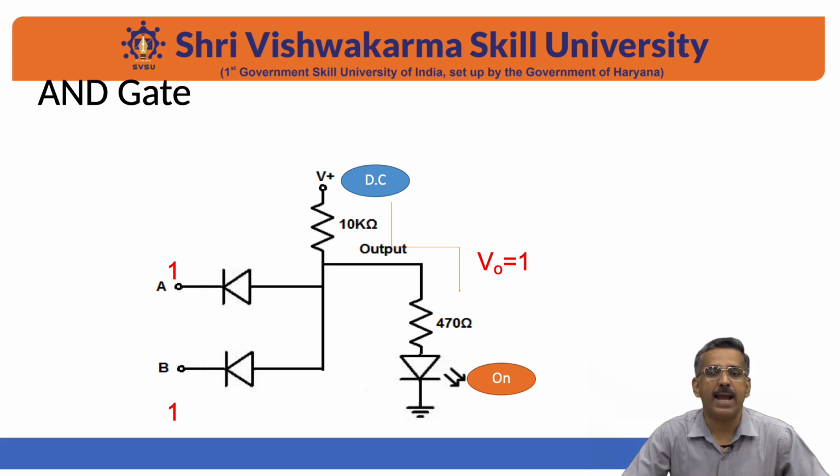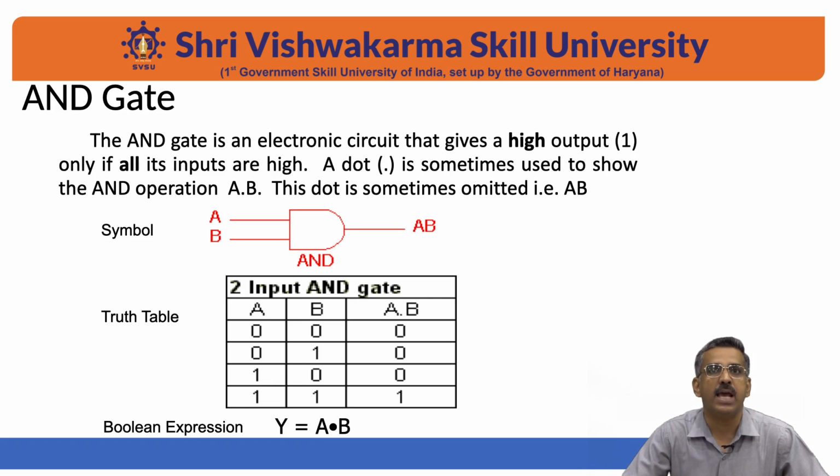The AND gate is nothing but an electronic circuit that gives the higher voltage at the time when all the inputs are higher at the terminals which we have shown in the circuit diagram.